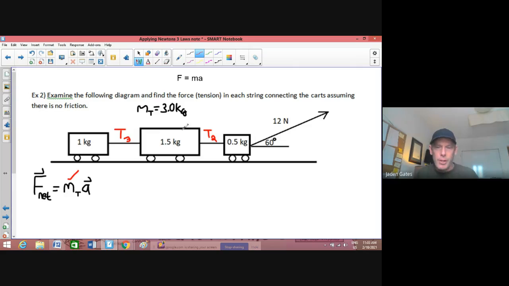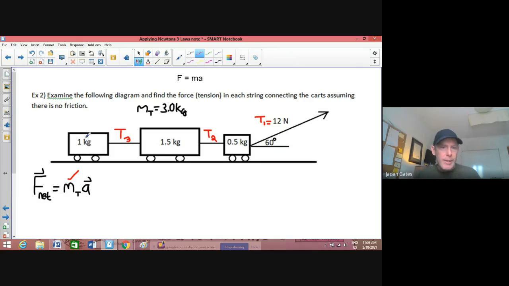T1, I already know, is 12 newtons. Now, to figure out the tension in these two ropes, I need to know the acceleration of each car. And the acceleration of each car is actually the same because they're all moving along together. Otherwise, we'd have a bit of a train wreck.